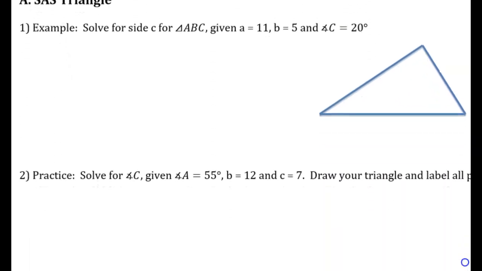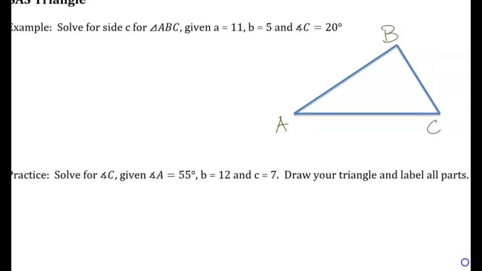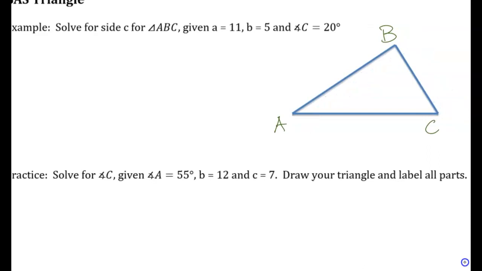All right, so now we're just going to look at a couple of examples. This first example says given triangle ABC, which it doesn't really matter where I put these as long as the side lengths are in relation to the angles. So I have side length A is 11, so across from angle A is 11. Across from angle B, side length is 5. And angle C is 20.